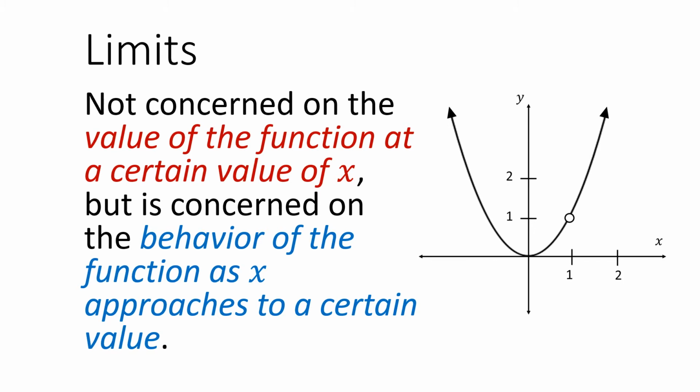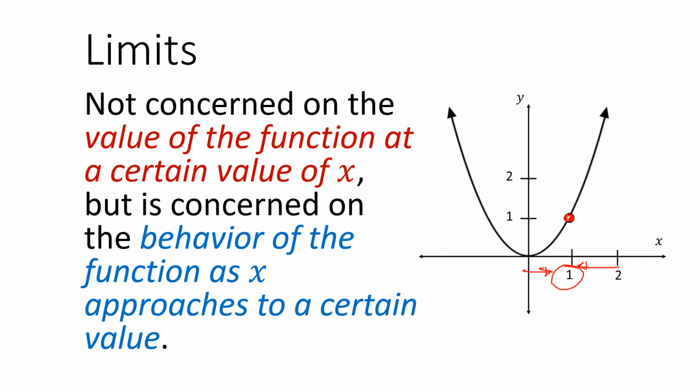The limit is not concerned with the value of the function at a certain value of x, which is illustrated here at 1. It's not really concerned with this value, but rather it is concerned with the behavior of the function as x approaches 1. So as we go closer and closer to 1 for the value of x, what happens to the value of y?